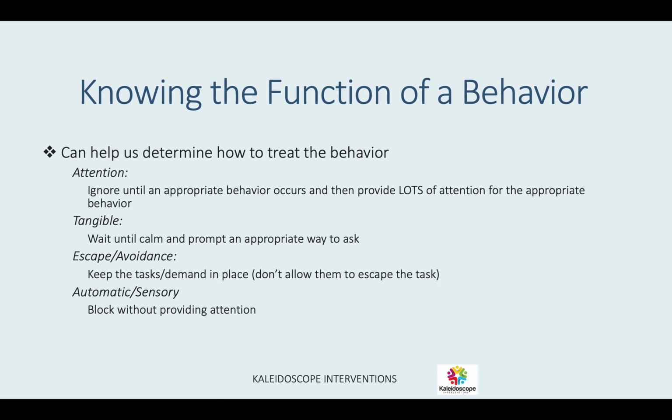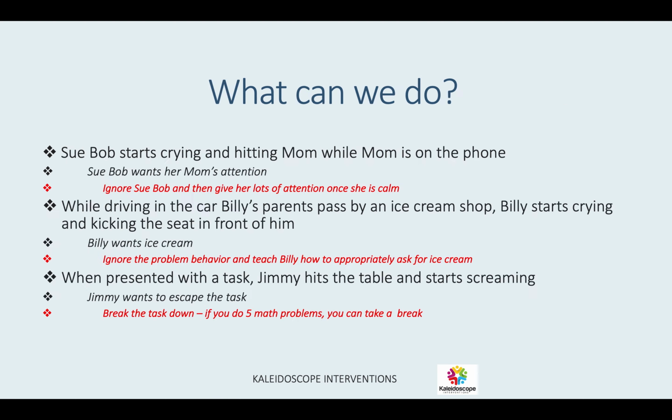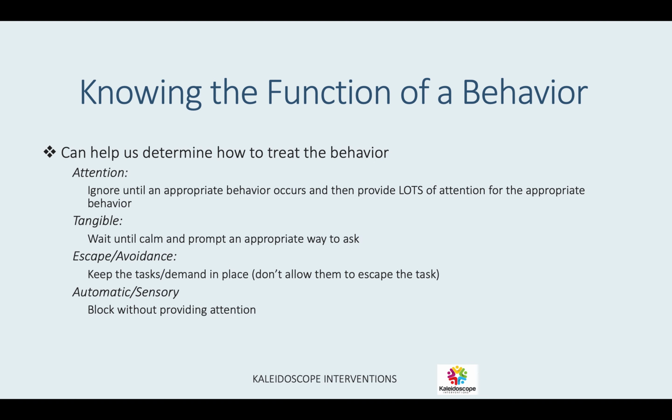So what we want to do is ignore Sue Bob's inappropriate attempts to gain mom's attention and wait until she is calm or engaging in a different appropriate behavior and provide lots of attention for being calm or for engaging in the appropriate behavior. We can also teach Sue Bob the appropriate way to gain mom's attention.